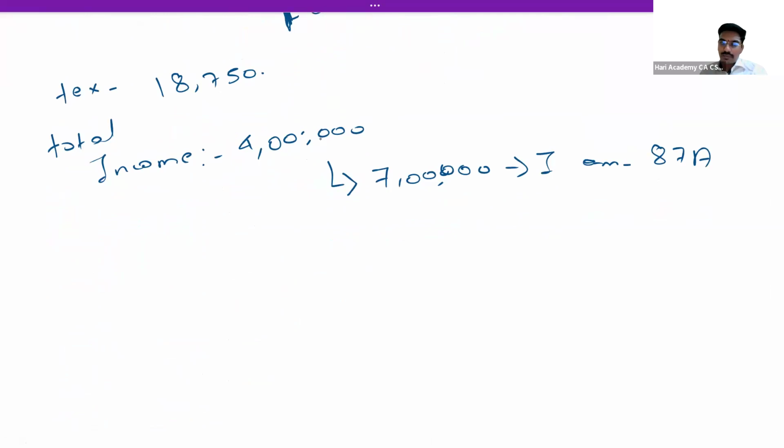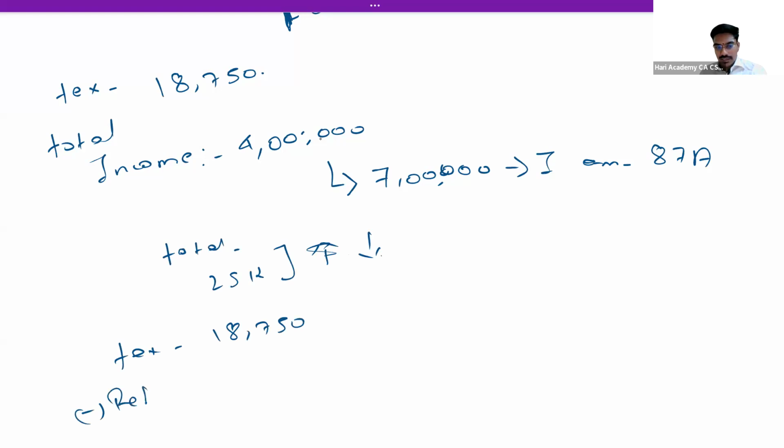So what is going to be the rebate under 87A? Total tax liability or 25,000, whichever is higher. Correct? In the present case, what is high? Sorry, whichever is lower. So in the present case, what is lower? Tax liability is lower. So total tax liability is 18,750 minus a rebate, which is again going to be 18,750.